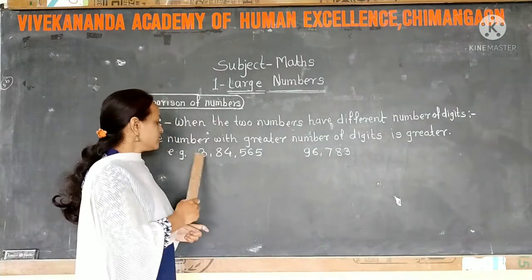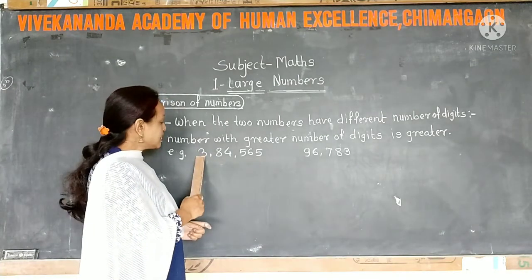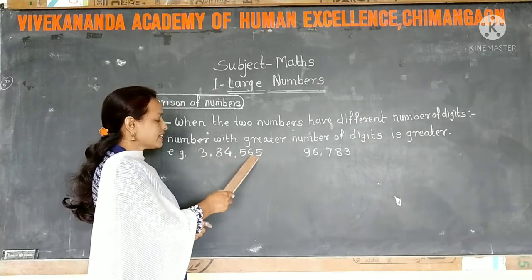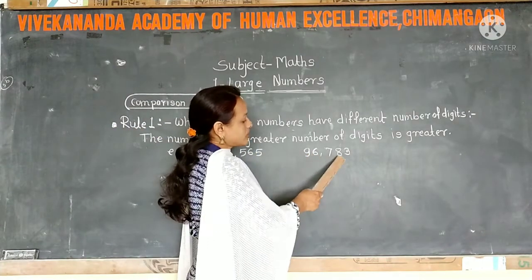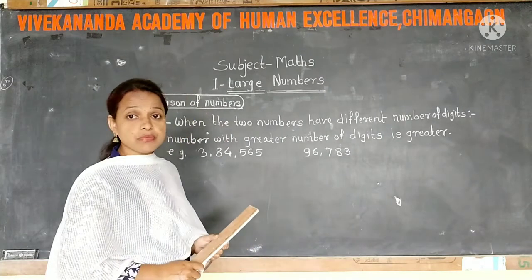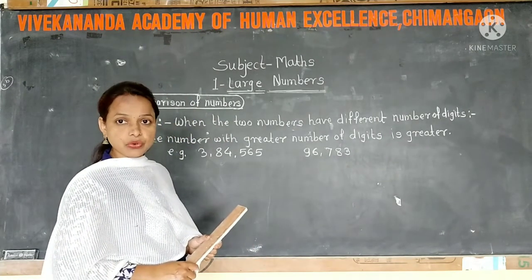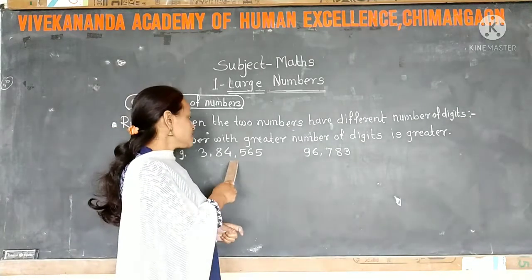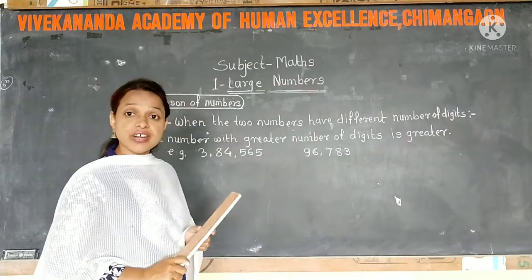Here there are two numbers. The first number is 3,84,565 and the other is 96,785. If you observe these numbers, you will see that the first number is a 6-digit number and the other is a 5-digit number.